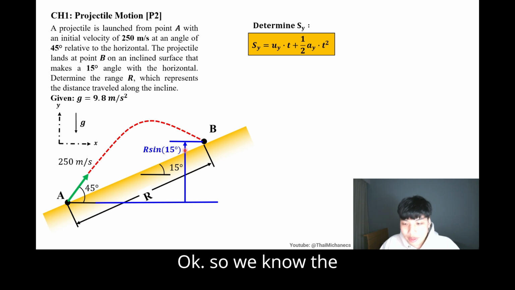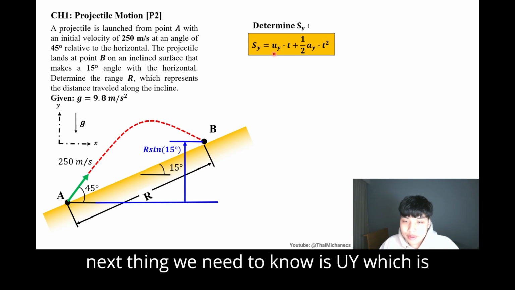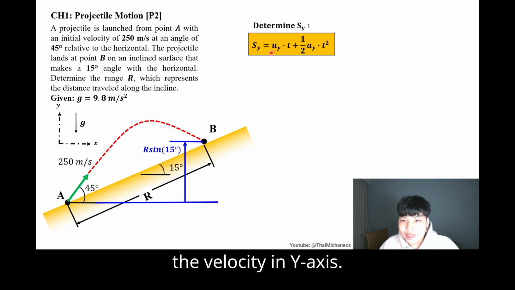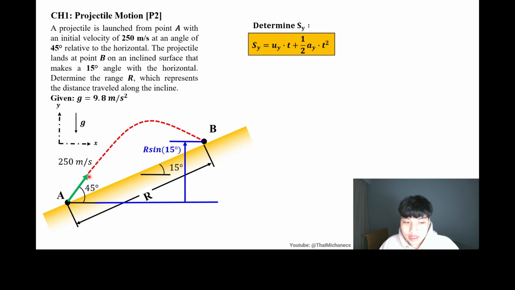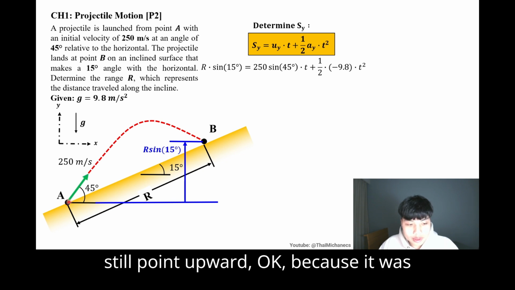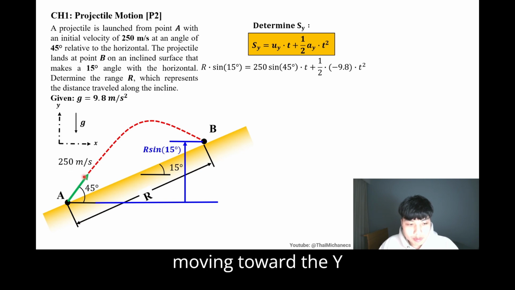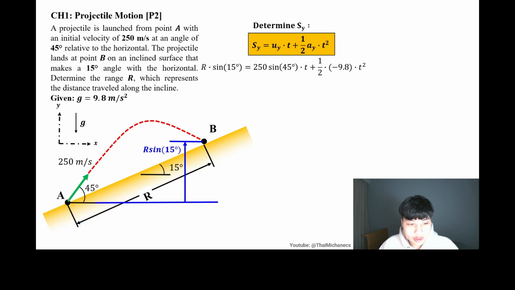So we know the displacement in the y direction. Next we need to know uy, which is the velocity on the y-axis. Now we have an inclined velocity of 250 at a 45-degree angle. If we want the velocity purely on the y-axis, we should multiply by sine 45 degrees, and if we do that, the direction of the velocity will point upward, because it was moving toward the positive y-axis.